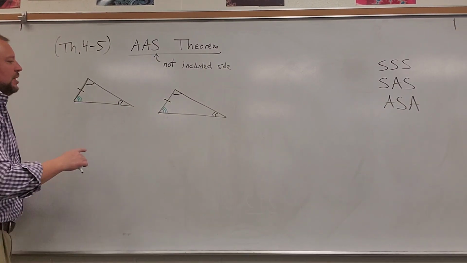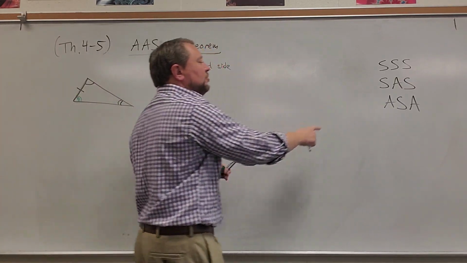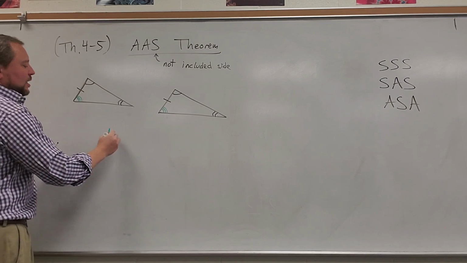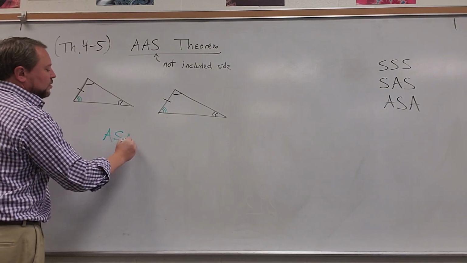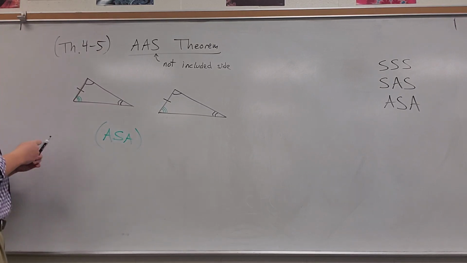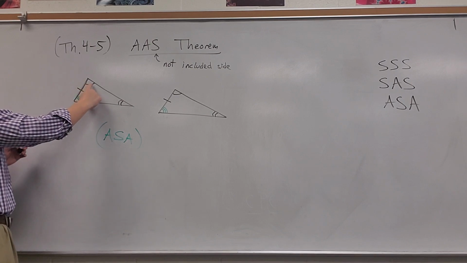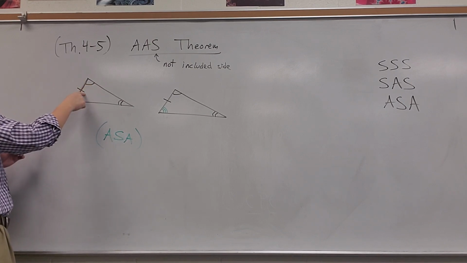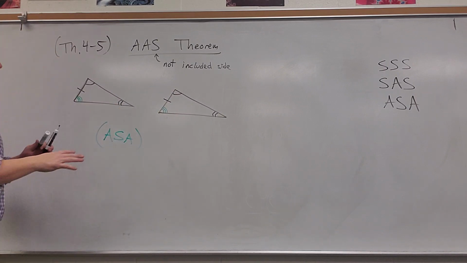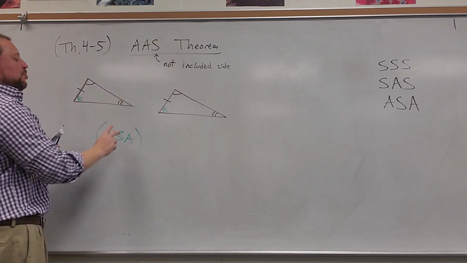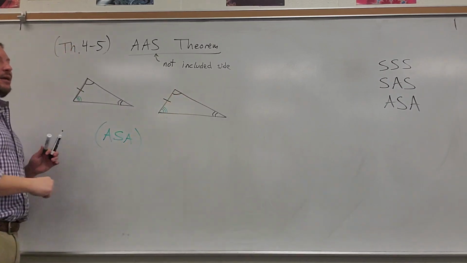Now I hope you can see that we can use one of our old shortcuts now too. We can use ASA to prove the triangles congruent, because now using this new angle, we have two angles and the side in between. ASA. So this theorem is proved using our old postulate of ASA.